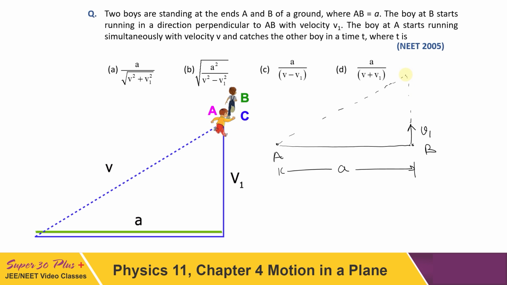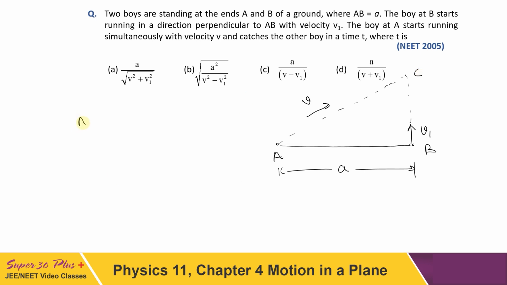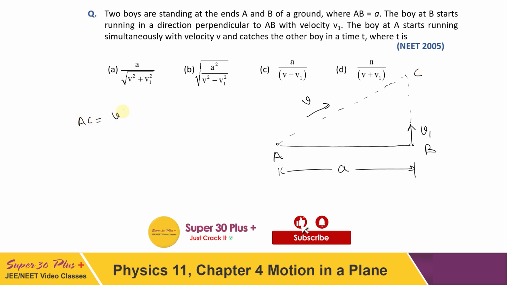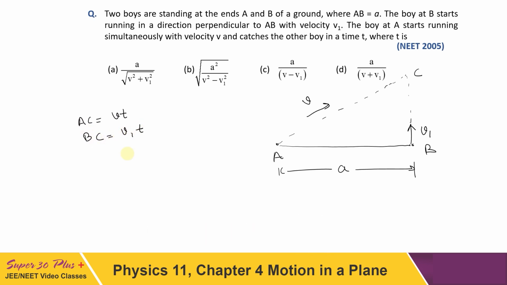So if we consider this situation, let this be V. The point where the two meet can be taken as C. So we can write now AC will be equal to V into t. And of course BC can be written as V1 into t. From this right angle triangle we can write V squared t squared is equal to a squared plus V1 squared t squared.